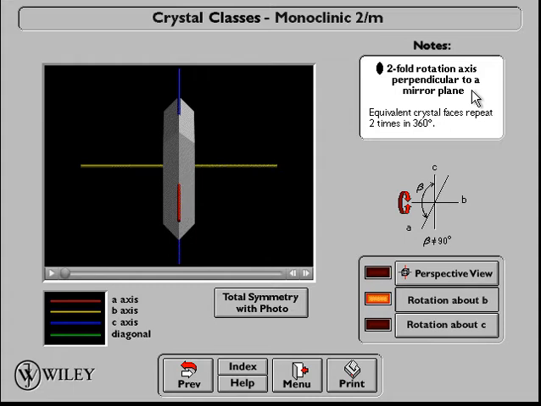Equivalent crystal faces repeated 2 times in 360 degrees. So that is then 1 time and 2 times. They have now repeated 2 times in 360 degrees.